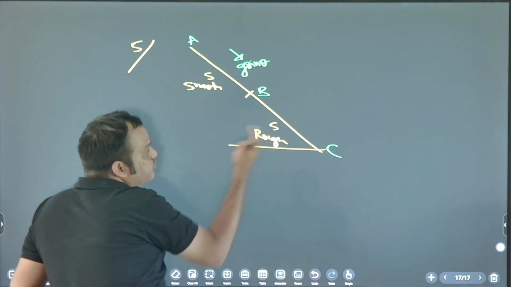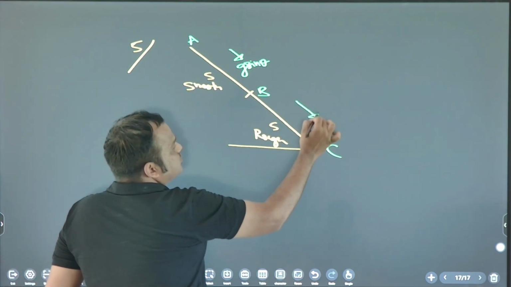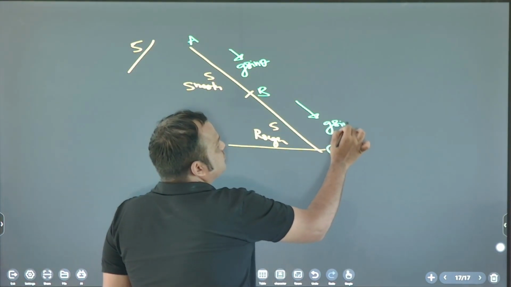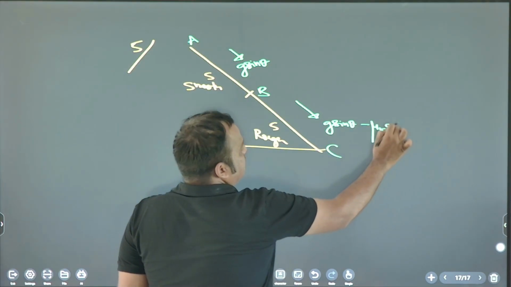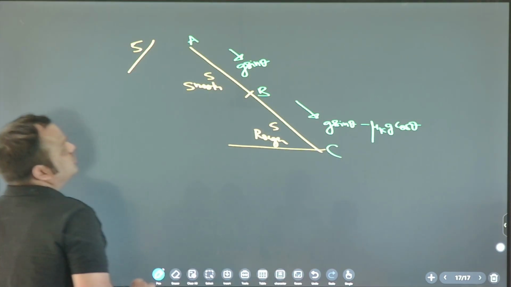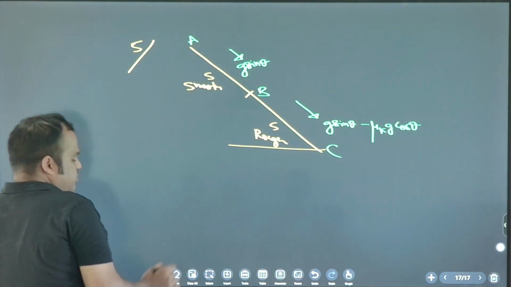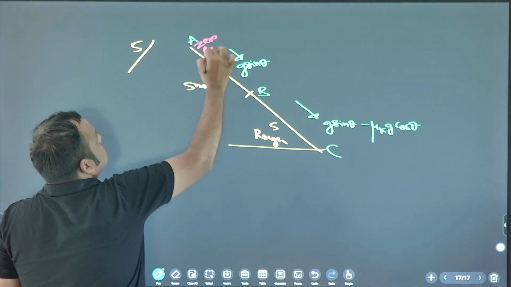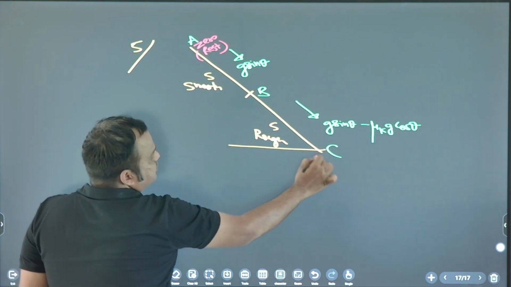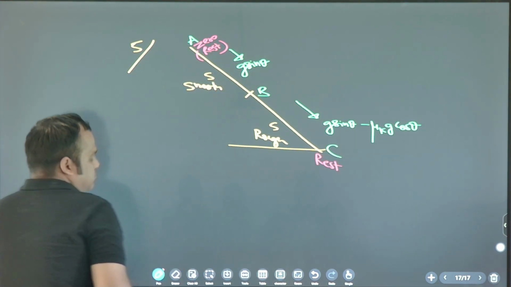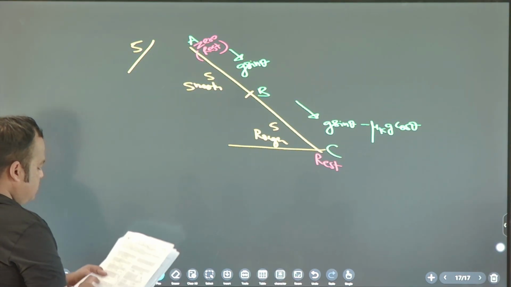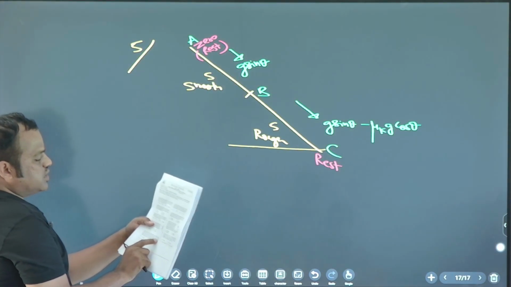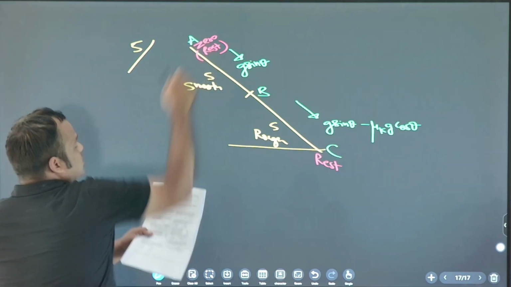Now B to C is rough. So what is the acceleration? G sin theta minus mu k g cos theta, very good. So at A, what is the velocity? 0, rest. And what is the velocity at C? Rest. Upper half of the incline is smooth, lower half is rough. Body is starting from rest.